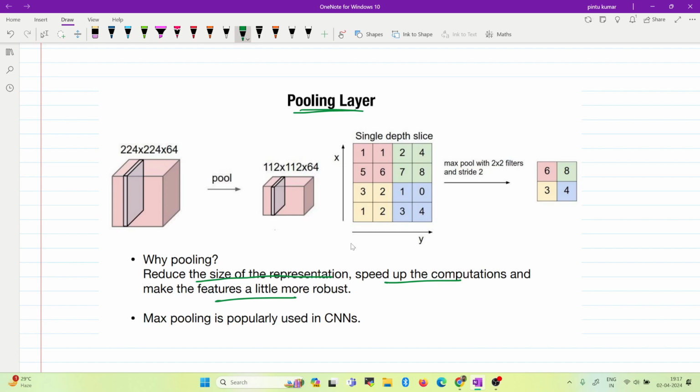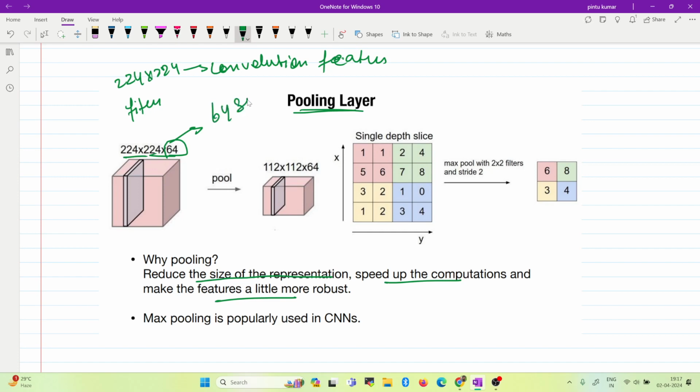So let's say this is 224 cross 224 cross 64. What this means is, after applying some filter, you get a 224 cross 224 convolution feature, and you have 64 such filters.